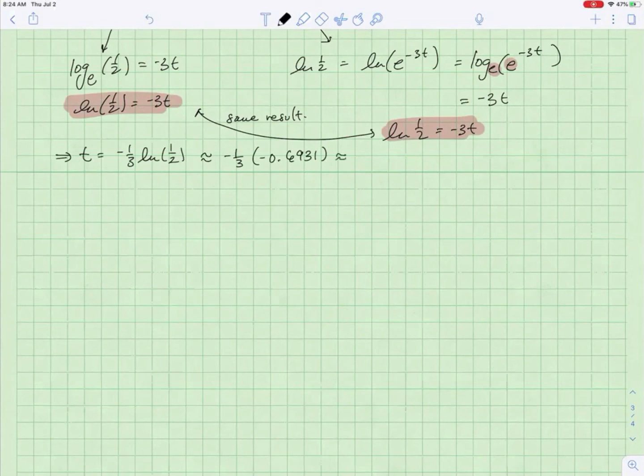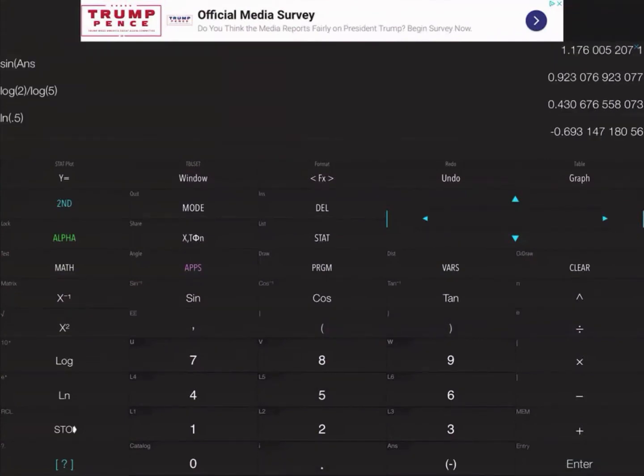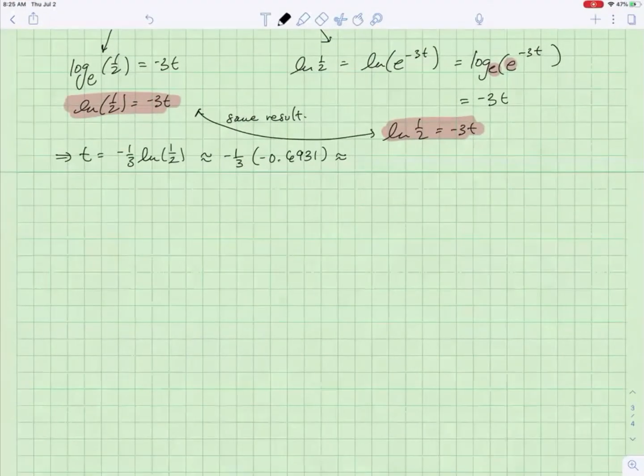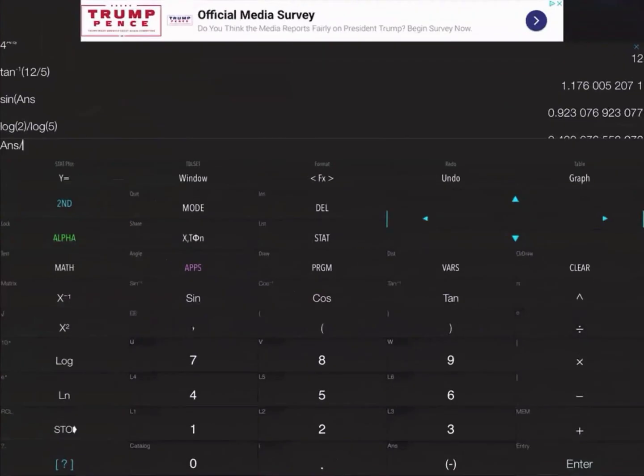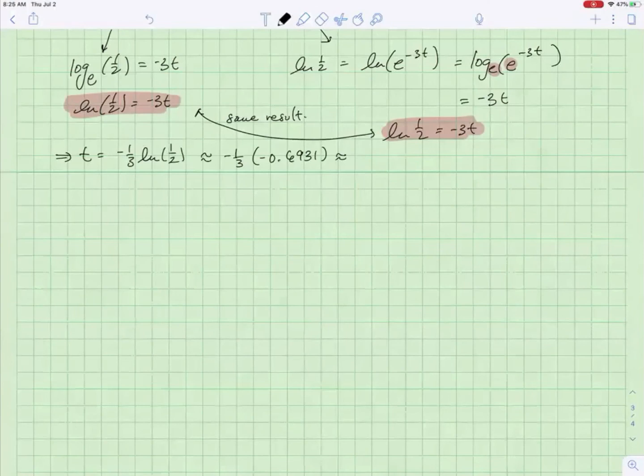Let's see, natural log of 0.5, negative 0.6931. It's about 0.231. And that's our value of t.